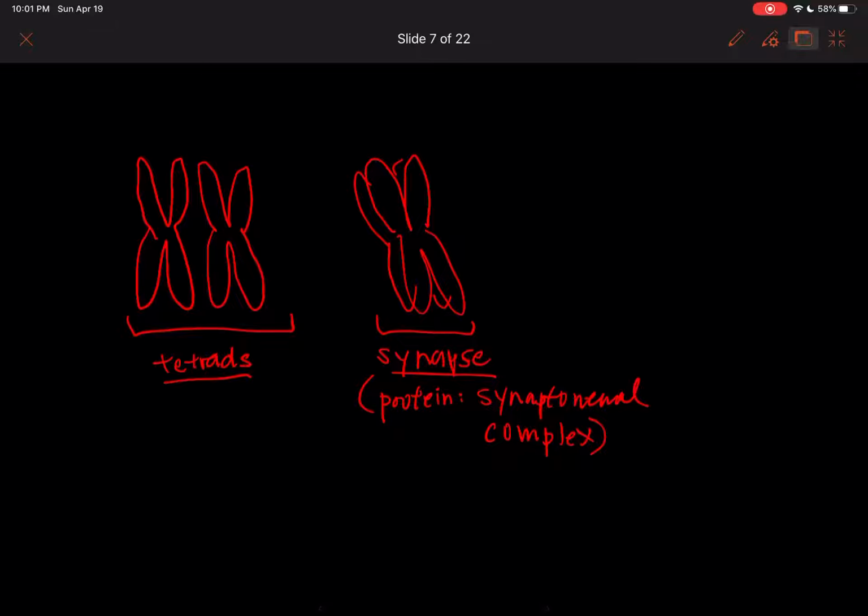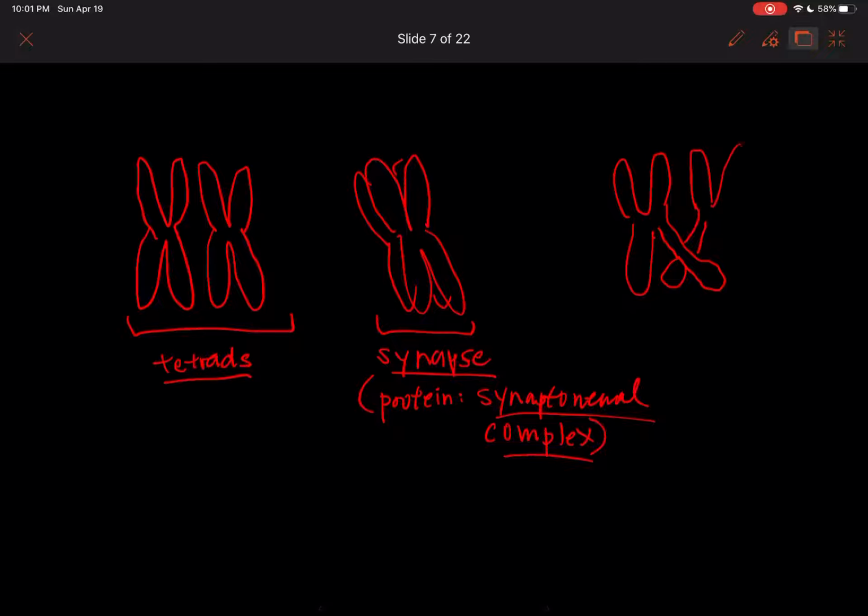Tetrad, synapsis, synaptonemal complex. And then the 2 legs, it's actually happening while it's being stacked like this, but the illustration always has it in this format to make it simpler and easier to see what's going on, is that you have this leg crossing over to the other side and this leg of the chromosome crossing over to the other side.